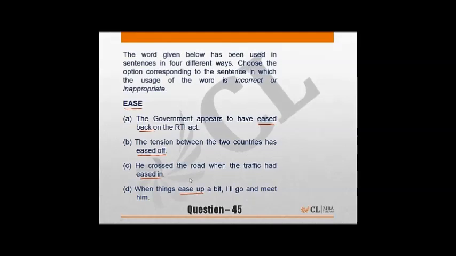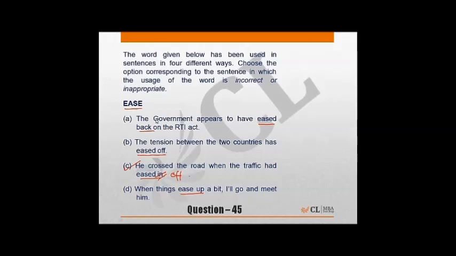Now, in this, ease in is the wrong usage. You ease in comfortably into a situation, for example, you ease into a car, so gently. He crossed when the traffic had eased in is incorrect usage. The correct usage here should have been eased off.